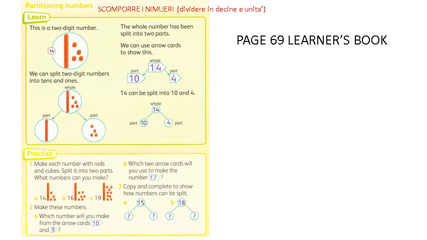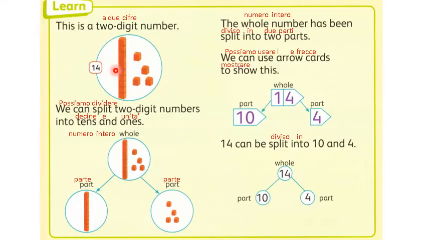Now take a look at page 69 of your learner's book. This is a 2-digit number. We can split 2-digit numbers into tens and ones.